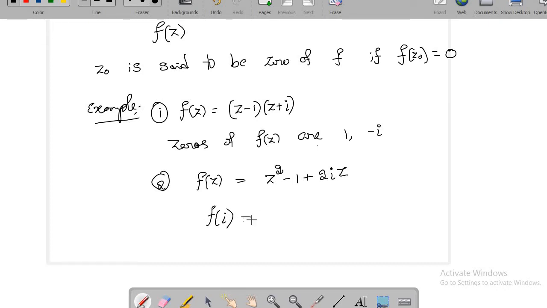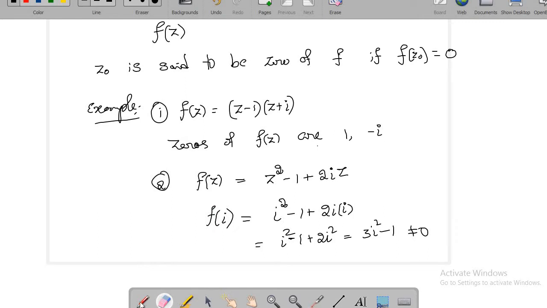If I take f of i, let me see what happens. This is i square minus 1 plus 2 times i into i, which gives i square minus 1 plus 2i square, so 3i square minus 1. It's not equal to 0 anyway.